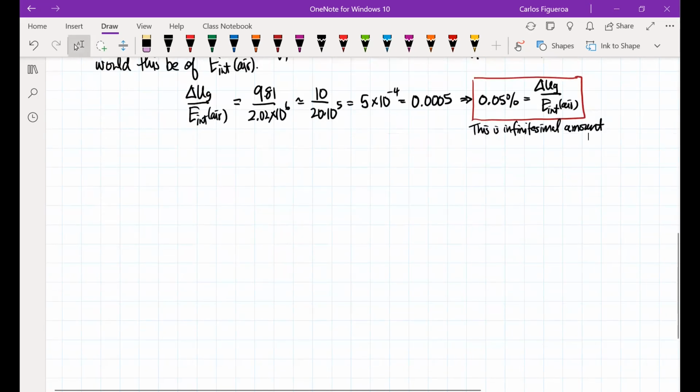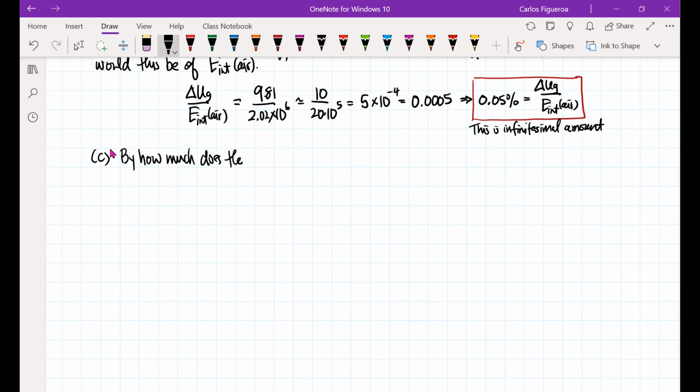So now we get to part C here. And what we said in C is: by how much would the air temperature change? Right, so now the question is, by how much does the air temperature change with this transfer of energy?